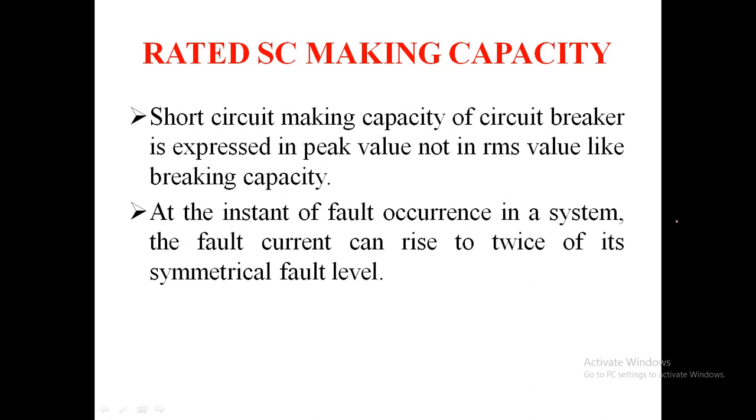Here the short circuit making capacity of a circuit breaker is expressed in peak value, not in RMS like the breaking capacity. In the previous case we saw it is an RMS value; for making current it is a peak value. It is the first current loop of the short circuit current which the circuit breaker is capable of making at rated voltage.